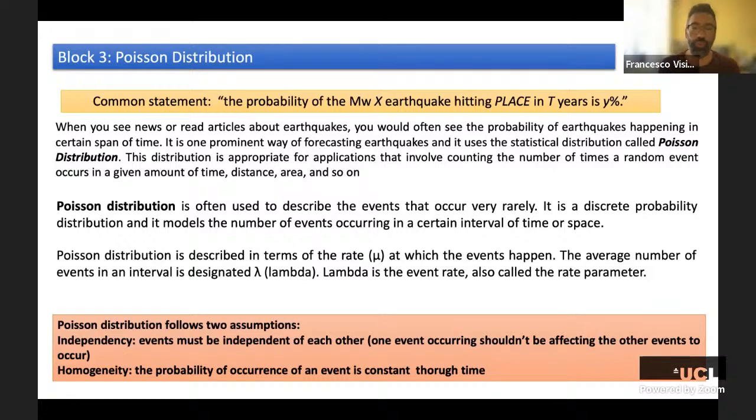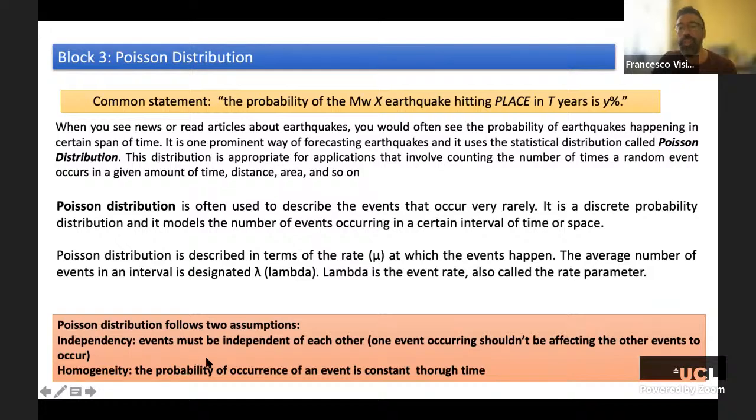The Poisson distribution is used to describe events that occur very rarely, and it is a discrete probability distribution that models the number of events occurring in a certain interval of time. The most important parameter is the rate at which the events happen. The average number of events in an interval is often denoted by lambda. The Poisson distribution follows two main assumptions: independence and homogeneity.